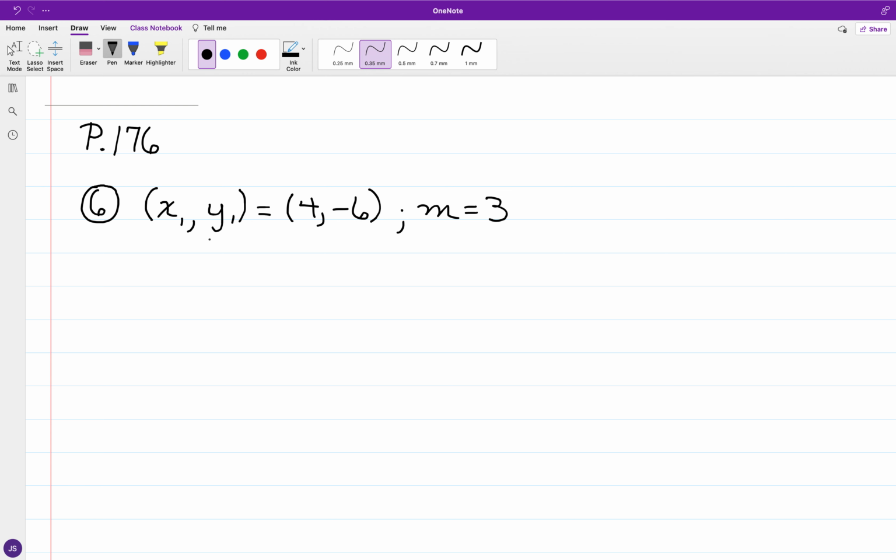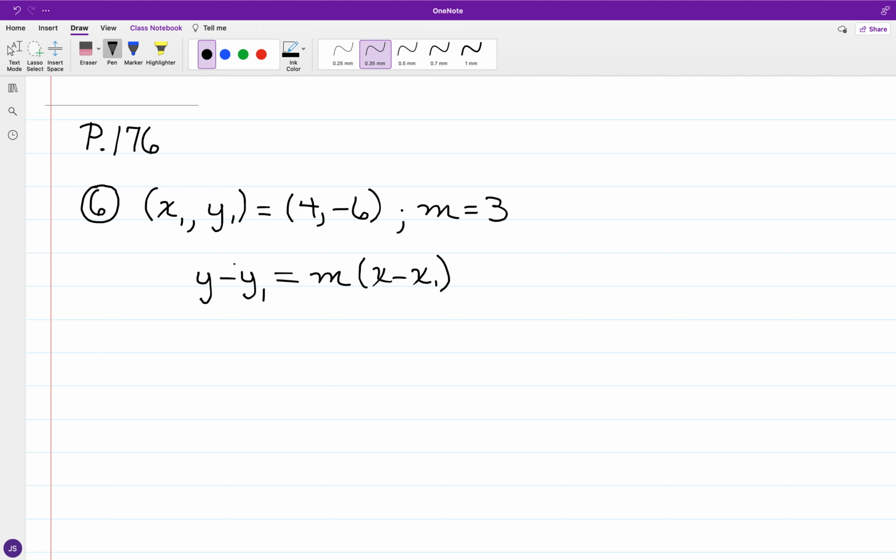Looking at establishing the slope-intercept equation of the line that has these characteristics, we can start out by setting up the point-slope formula. For the point-slope algorithm, we have y minus y1 is equal to the slope m times the quantity of x minus x1. And so we have the tools available where we can completely substitute.